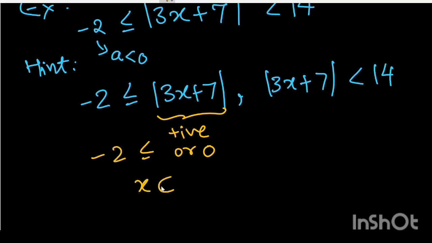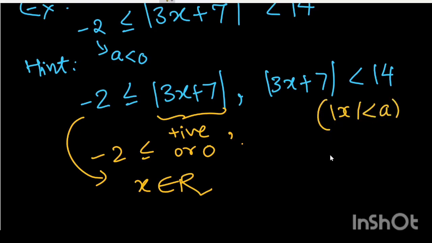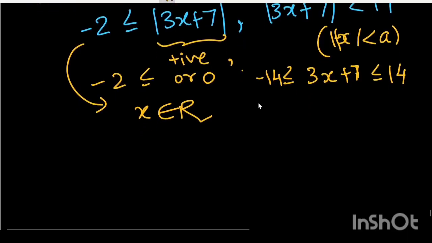So the solution of this particular inequality is x belongs to R. Now if you solve the other, we will use the result mod x less than a, which is minus a to a. Here x is fx guys. So 3x plus 7 from minus 14 to plus 14 guys. That way we will solve.